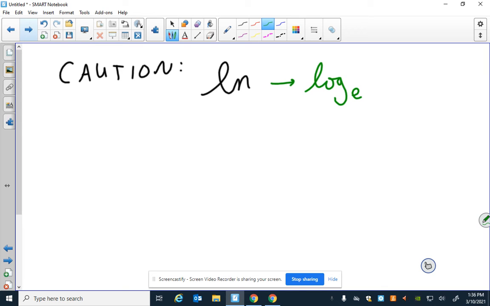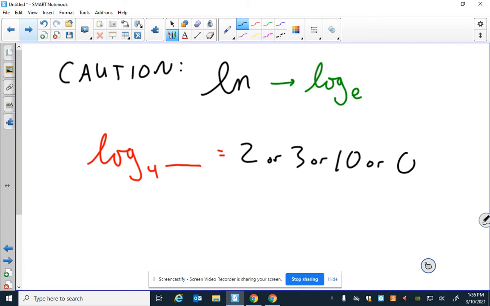Okay. Another caution, because I'm just cautionary today. If I were to give you a problem like log base 4 of something equals a number, like 2, 3, 10, or 0, or like -5, I don't even know.